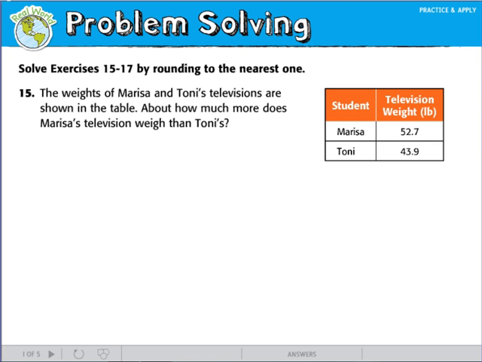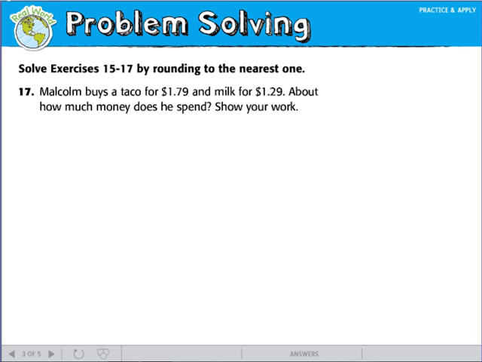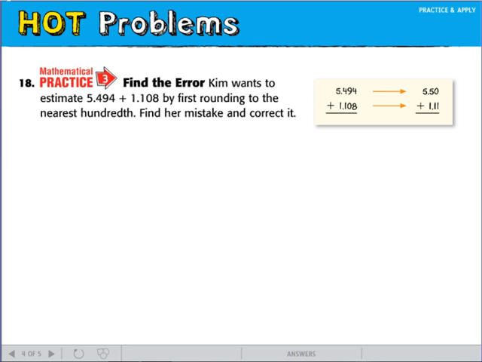Okay, then we have some word problems. Read the directions. Solve exercises 15 through 17 by rounding to the nearest 1. Okay? So there's 15, 16, 17. Rounding all those to the nearest 1. 18 says find the error.